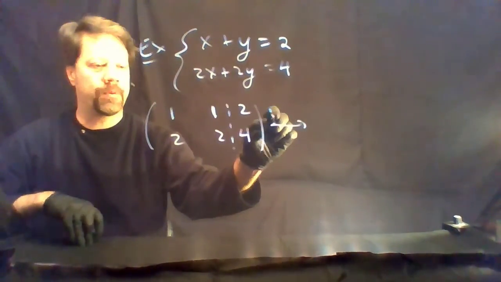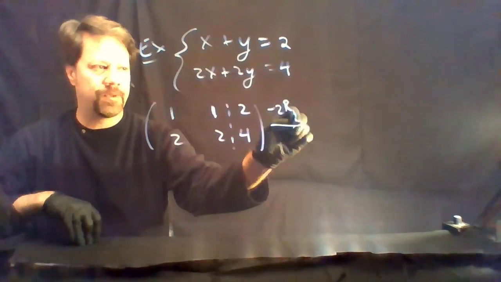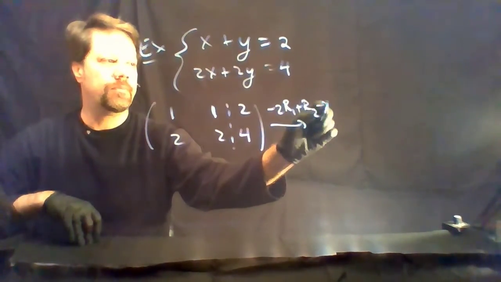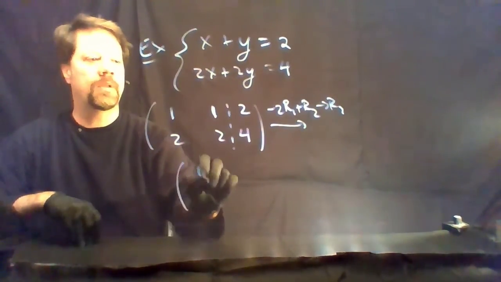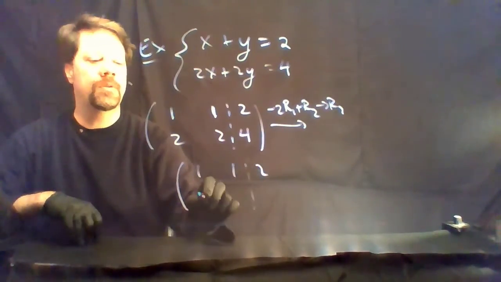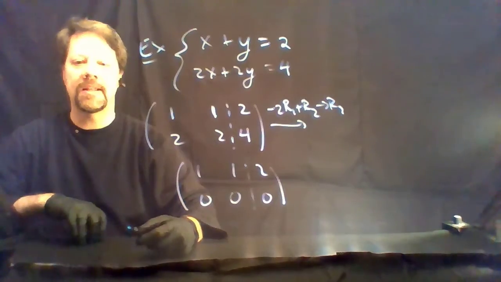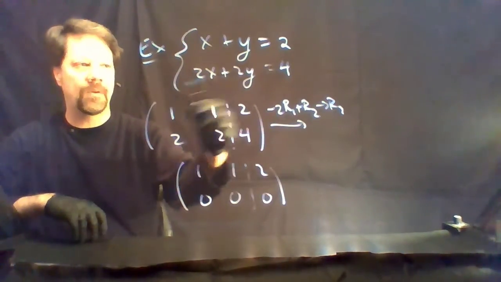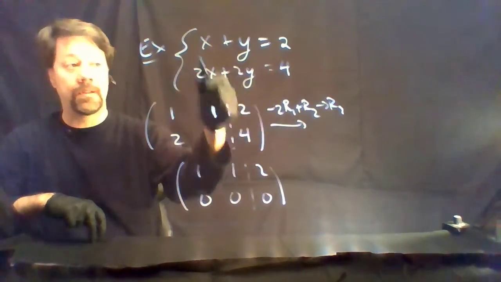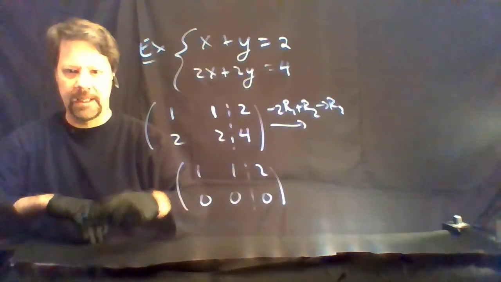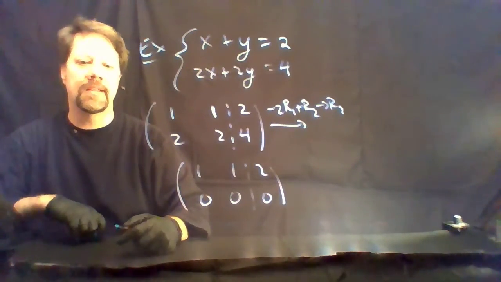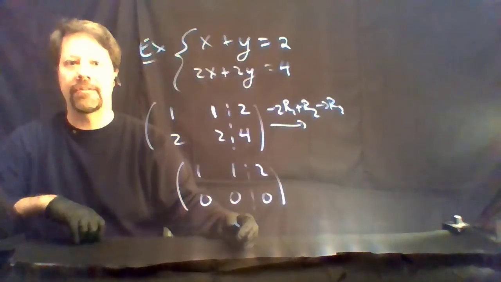By the elementary row operation, negative 2 times row 1 plus row 2 yields a new row 2. We obtain 1, 1, 2, 0, 0, 0. You can see then we have dependent equations. This equation is basically just a multiple of the first one, and so it contributes nothing to constraining the solutions. It can be just crossed out and eliminated.